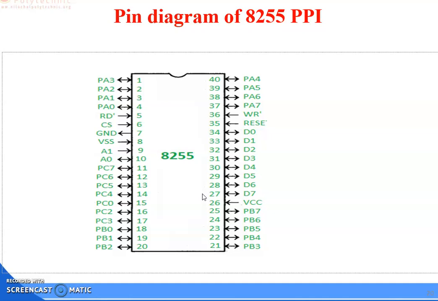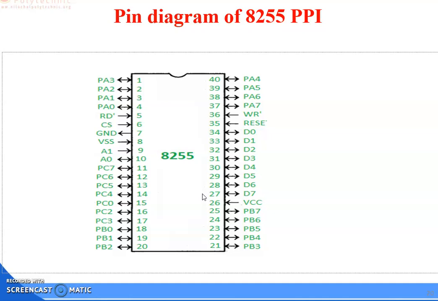Pin number 22 is PB4, that is port B4. Pin number 23 is PB5, that is port B5. Pin number 24 is PB6, that is port B6. Pin number 25 is PB7, that is port B7.